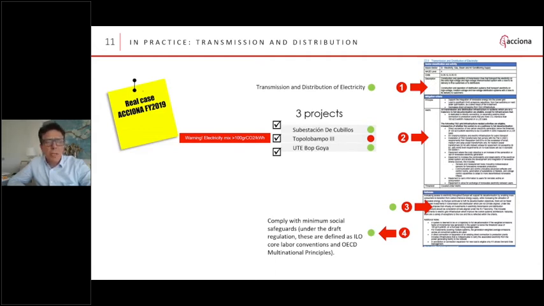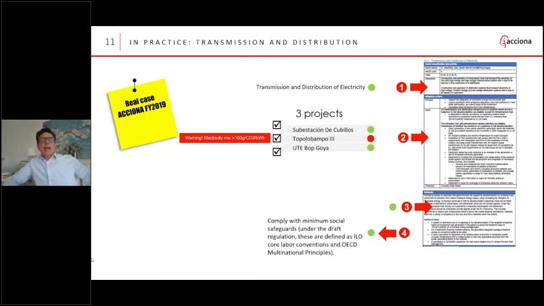We are talking about the UN Global Compact, the OECD multinational principles, ILO conventions, indigenous people, these kinds of things that we need to review every year. If we see this example, we have 2 projects, Subestación de Cubillos and UTE Bob Goya, that are aligned, and that's fine.